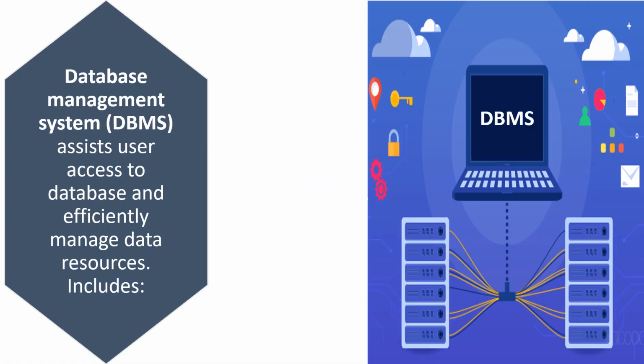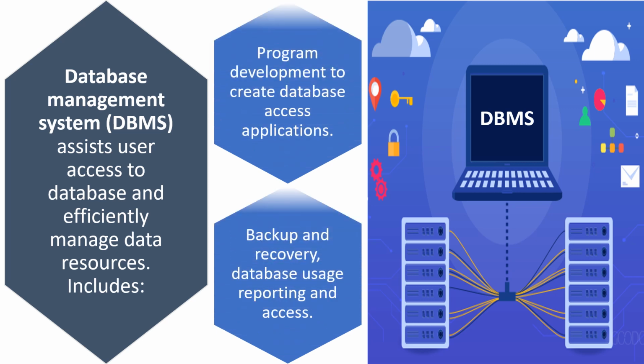The second element of the database environment is the DBMS. The DBMS helps users access the database and efficiently manage data resources, including program development to create database access applications, backup and recovery, usage reporting, and access.